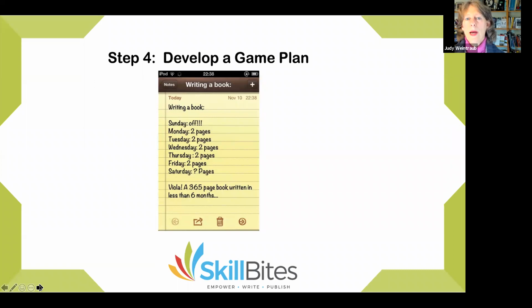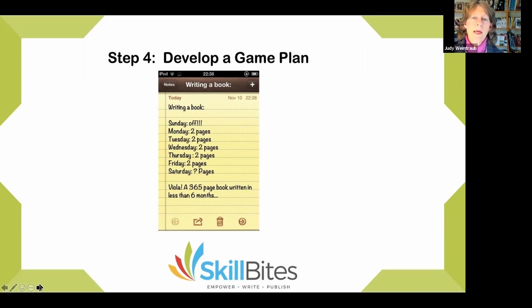Figure that you'll spend about a month doing the foundational work of identifying your objectives and your target audience and the action plans that you want to take with your book, figuring out what you want to include in your book, on your topic, and putting together your outline, etc. That leaves you with 5 months to write 100 pages. That's about 20 pages per month, which comes out to roughly 5 pages per week.